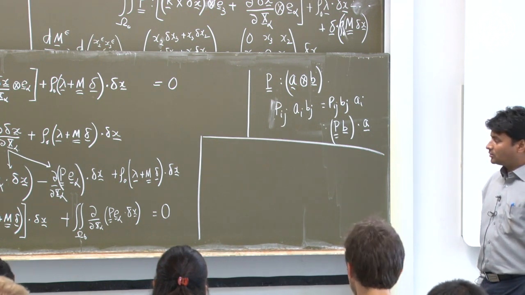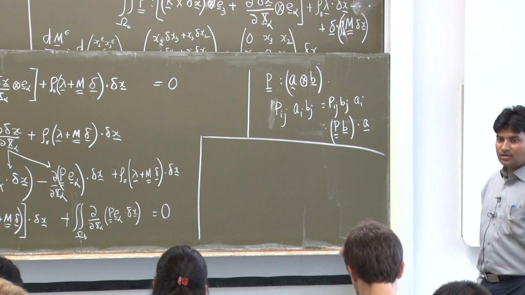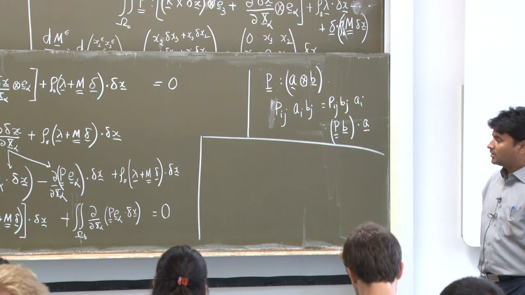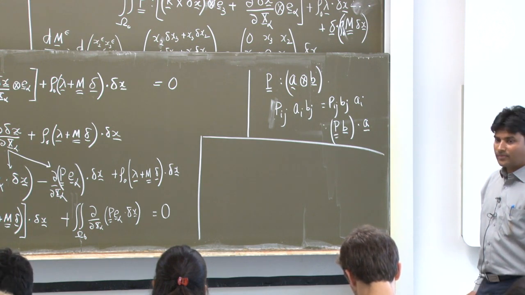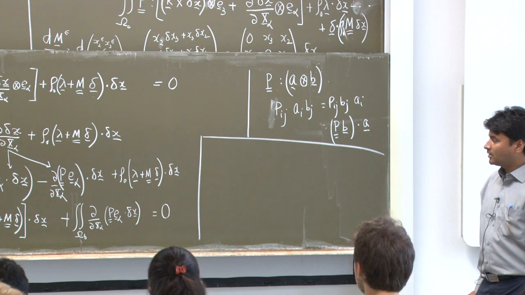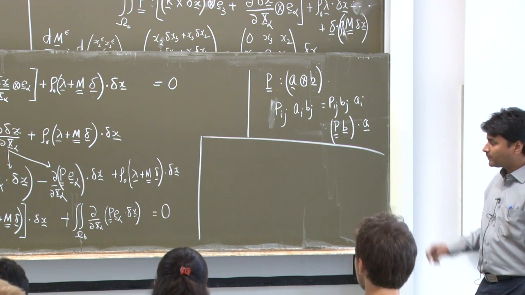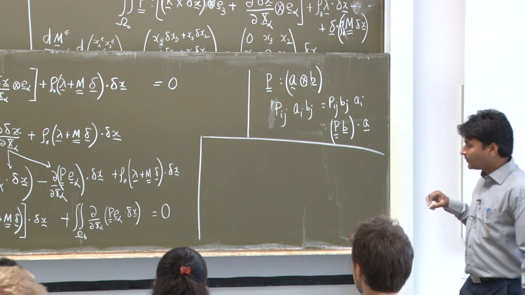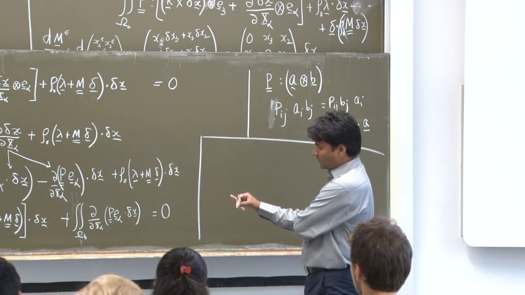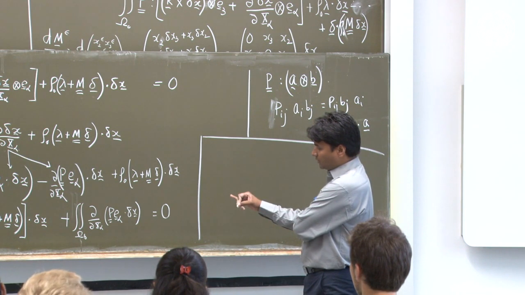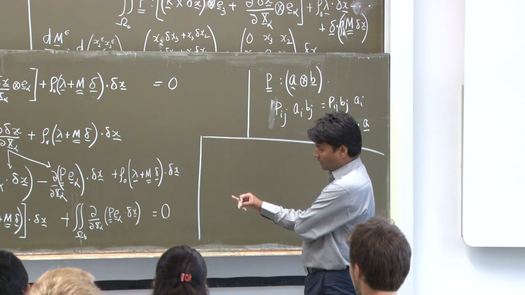So, how can we work this out? P transpose del x dot E alpha.